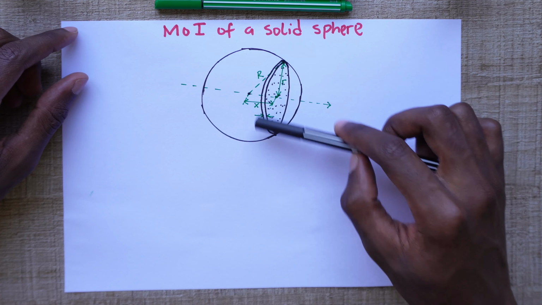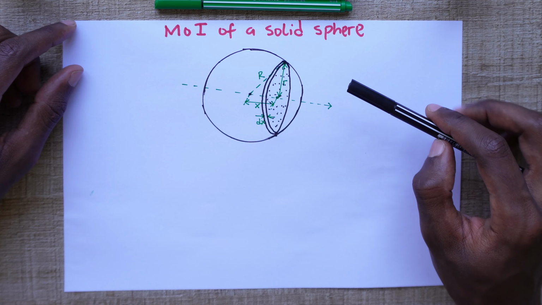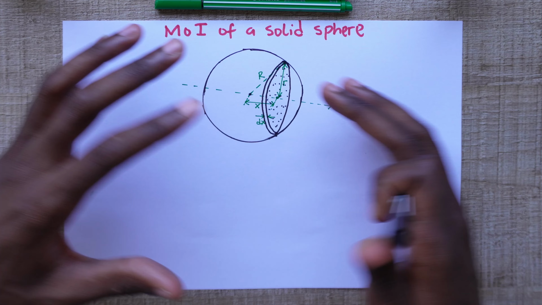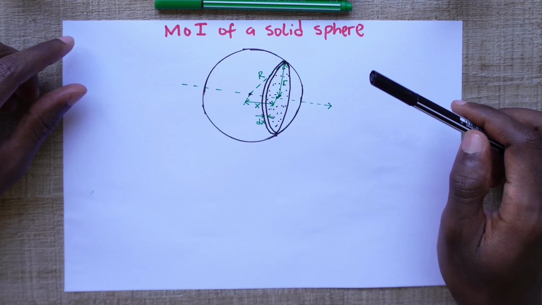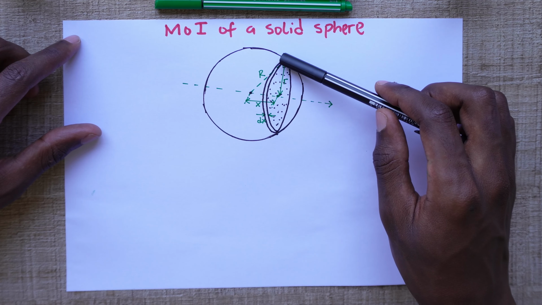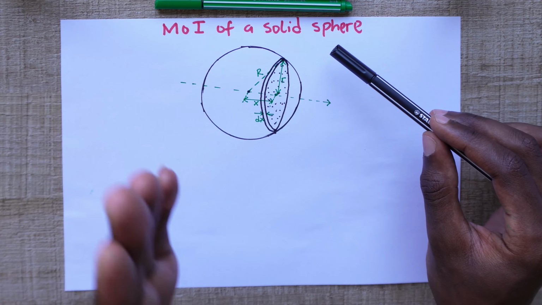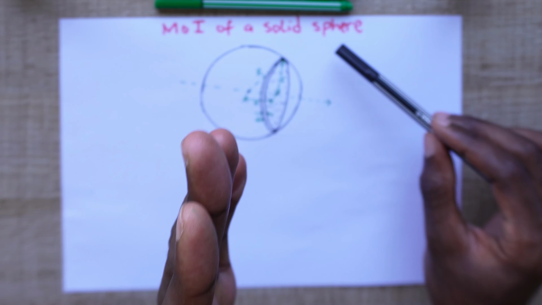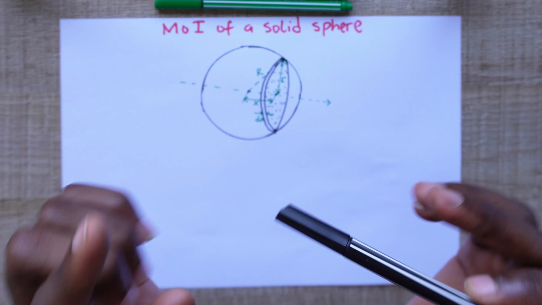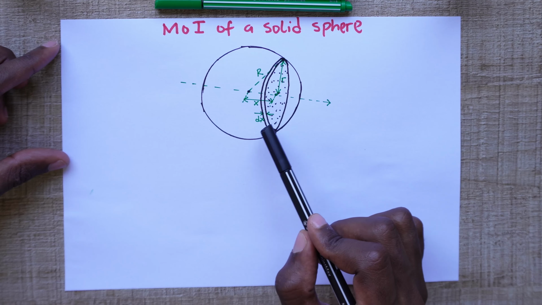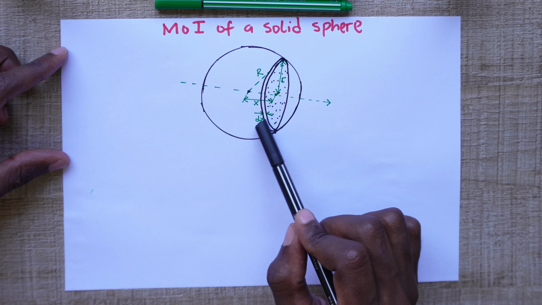So if we have a sphere, the element that we can isolate here that reflects the symmetry of the sphere, or that can enable us to generate the whole structure of the sphere, is a disk, as you can see here. If you imagine taking a knife and slicing an apple, a very thin slice, then you have a disk that has a thickness dx.